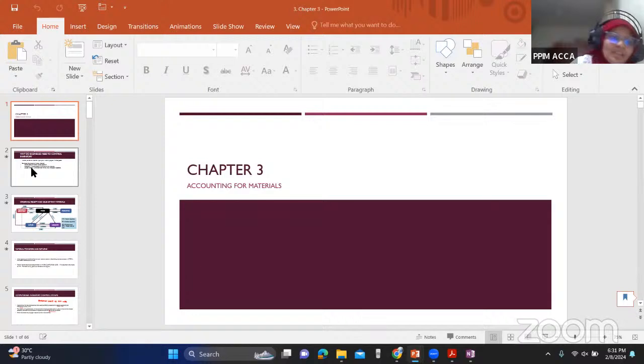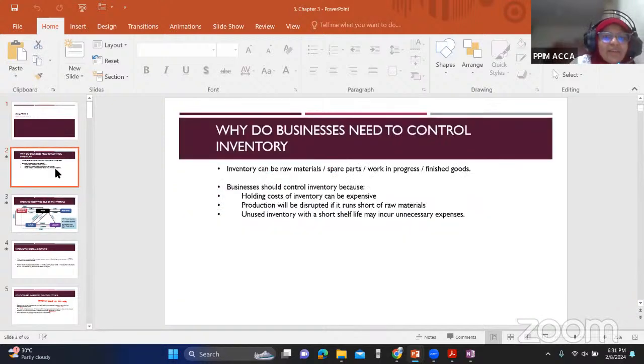So the first area that we look at is, why do we have to control our inventory? Why are we talking so much about controlling inventory? The reason is very simple. If you don't have proper control over your inventory, then there are so many disadvantages that can happen.